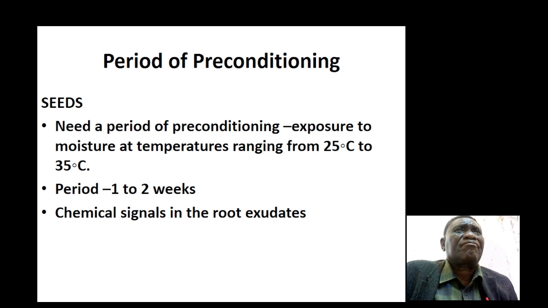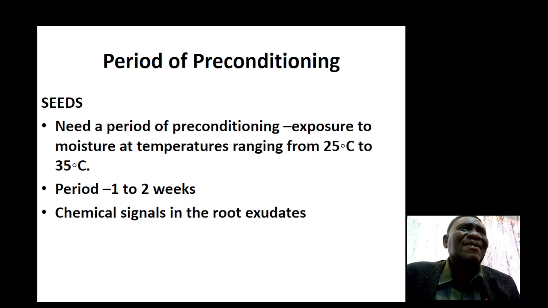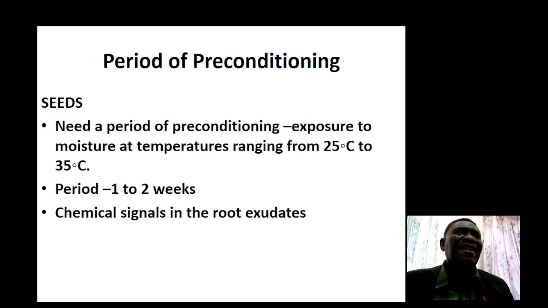So if I can make you recap on the life cycle, you start with the seeds, which need to be preconditioned. What we call preconditioning is the exposure to moisture and temperature ranging from 25 to 35 degrees for a period of 1 to 2 weeks or 1 to 3 weeks.